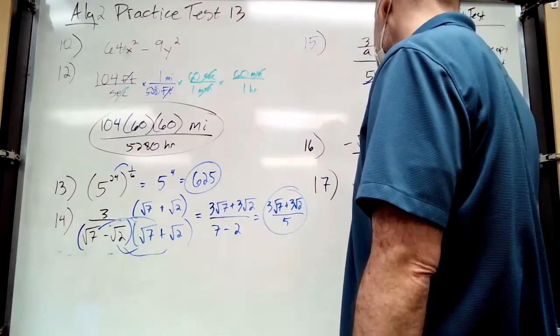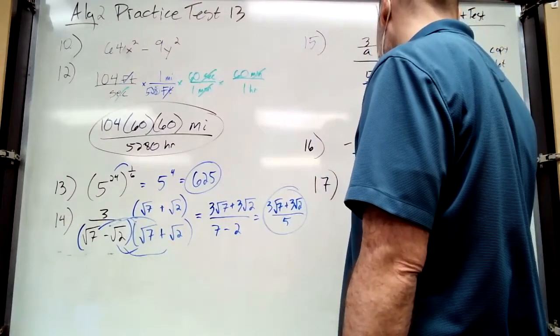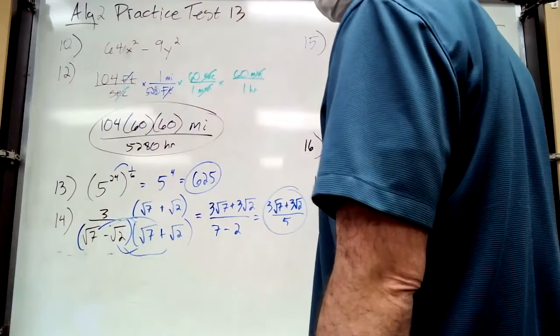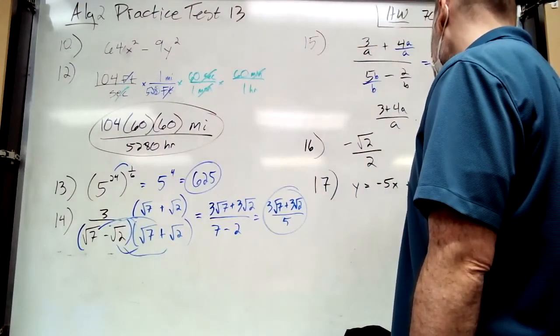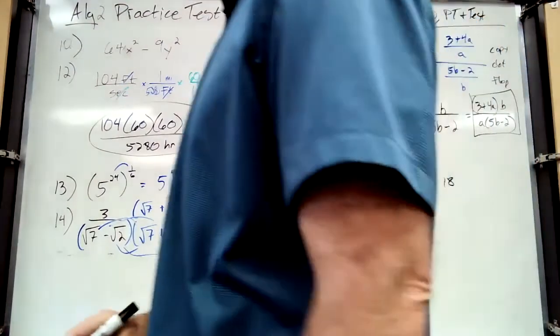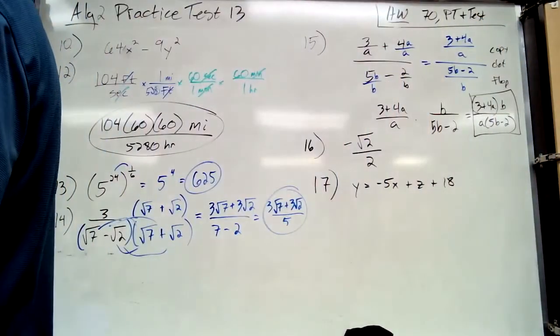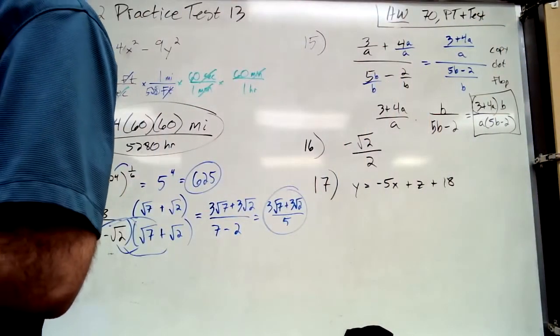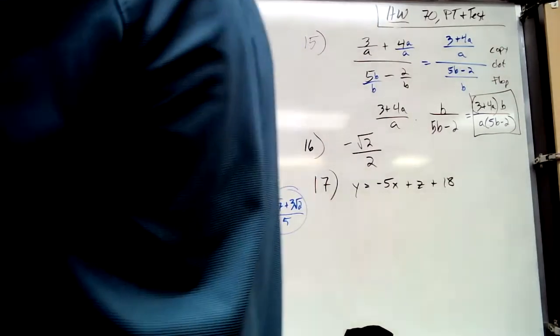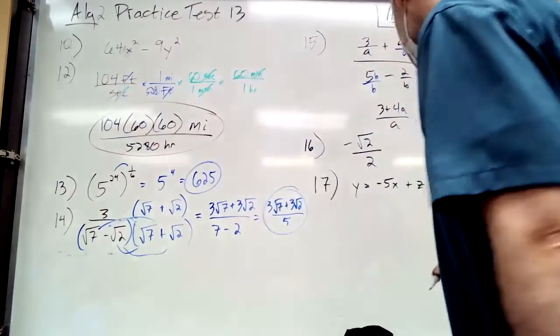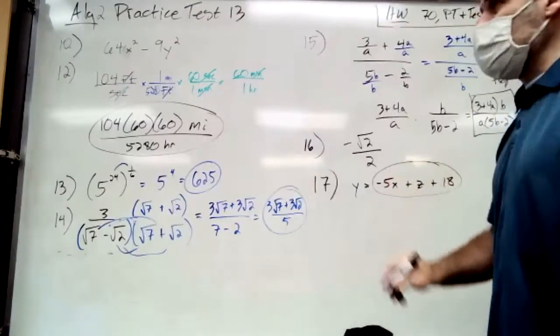So y equals negative 5x plus z plus 18. Okay, so I got the y on the bottom by itself. Everyone see that? So I threw everything else over there, negative 5x, positive z. So this is what I'm going to plug into the other two equations.